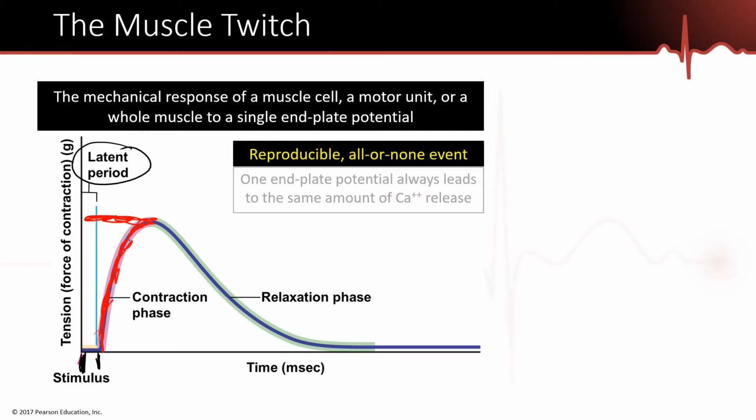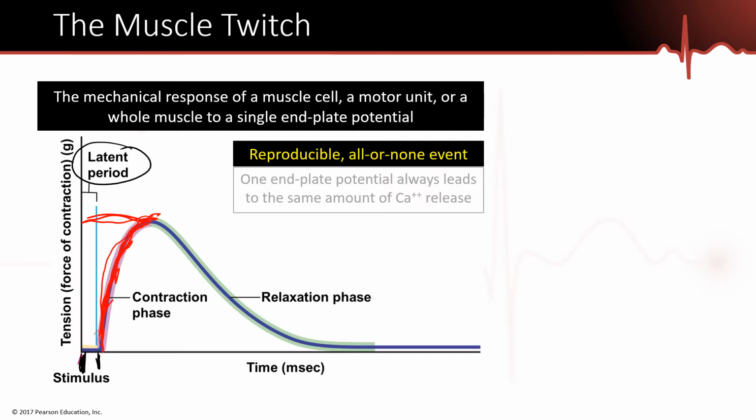So over time, as more myosin and actin interact, more force is produced, which is clearly depicted in the graph.